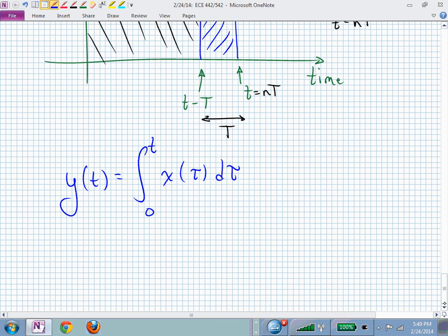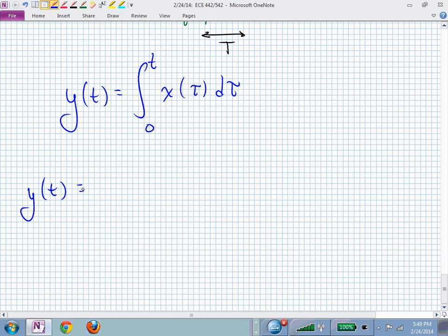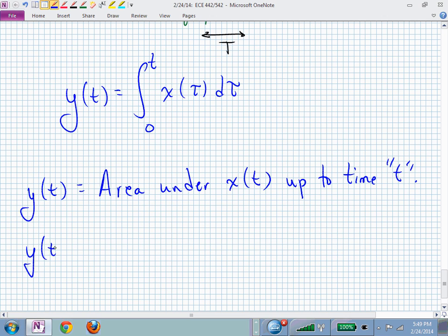Or we could now say that y of t is defined to be the area underneath this function that we just arbitrarily sketched, x of t, up to time t, and y of t minus capital T is the area under that same curve, but now not quite to t, but it's up to time little t minus capital T.